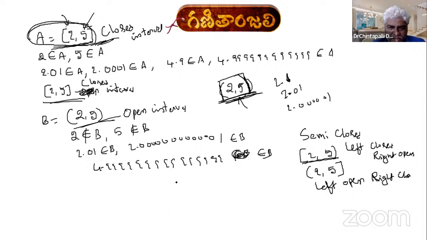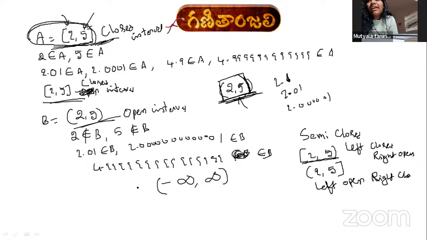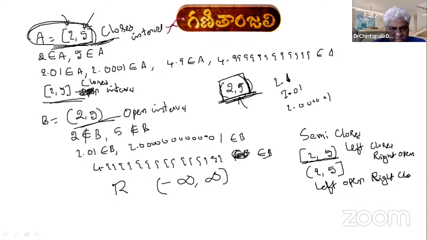Ultimately, can you say anything about this interval? It is also an interval. Open interval, minus infinity to plus infinity. It is nothing but the real numbers. It contains all the real numbers.